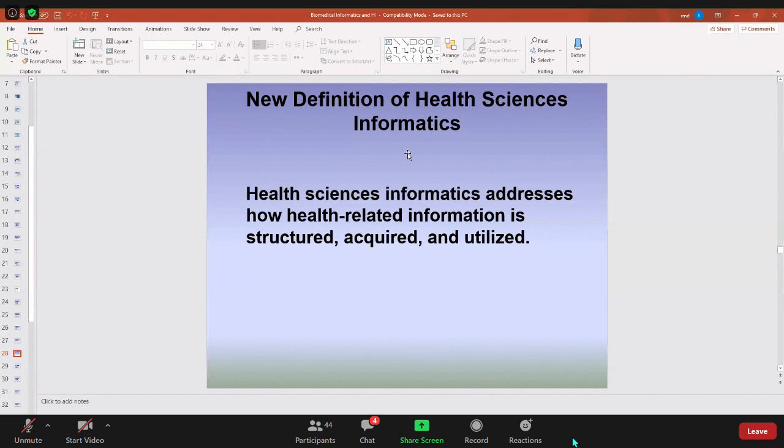As I mentioned earlier, this terminology keeps on changing to fit the needs of society and also the experts' fields. Health sciences informatics addresses how health-related information is structured, acquired, and utilized. Health sciences is a bigger aspect compared to just medical sciences.